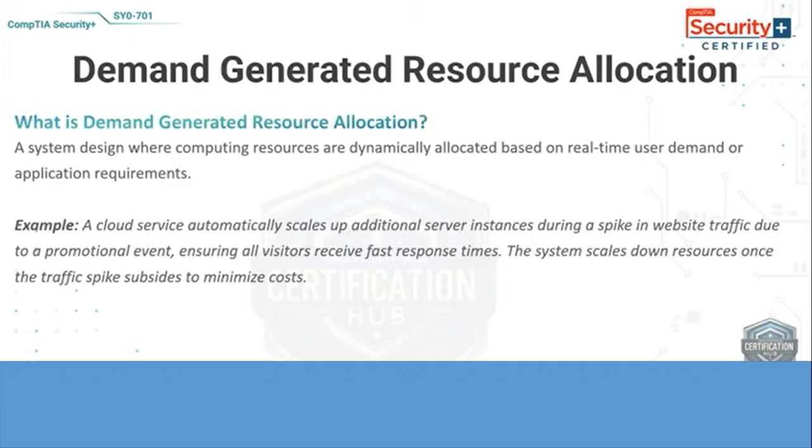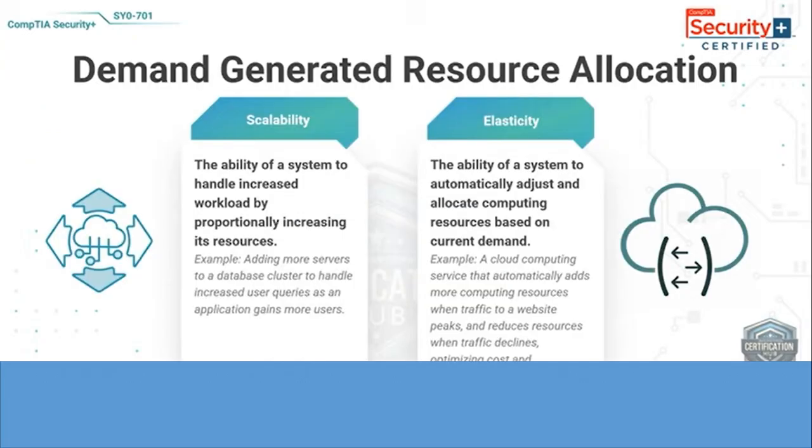It will add more servers. If more traffic is coming, it will not let the server go down. It will scale up with additional servers or instances during any spike in website traffic. This is the demand-based resource allocation feature. You will find this inside cloud services.